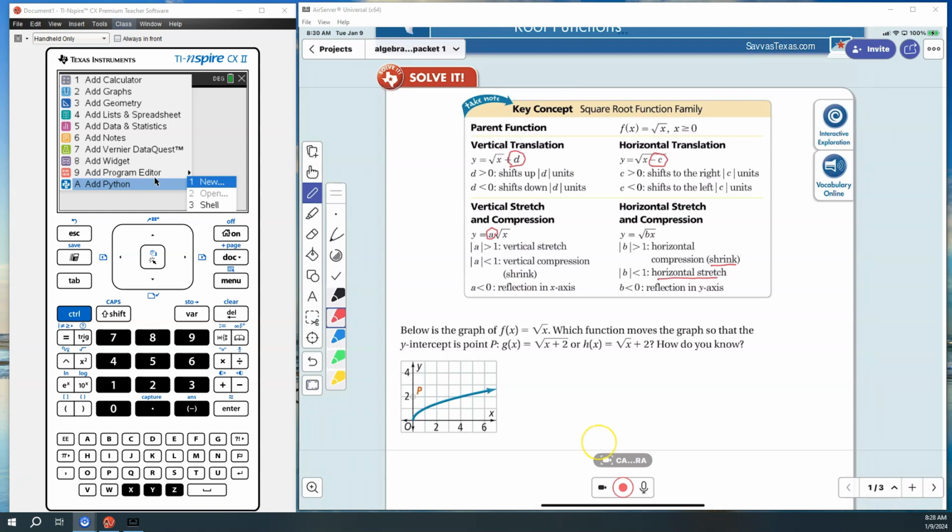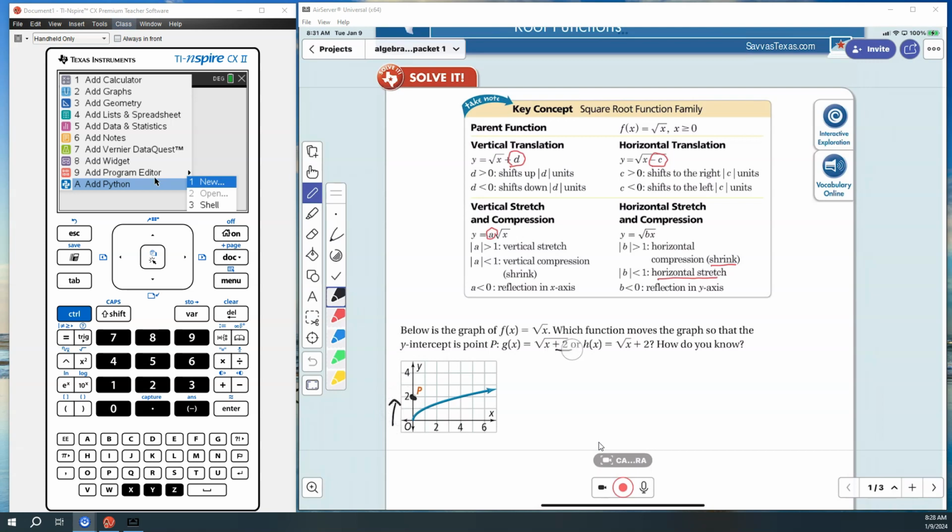It says below is a graph of f of x equals the square root of x. Which function moves the graph so that the y-intercept is point P? So we have point P. Now P is going to require the graph to shift up.